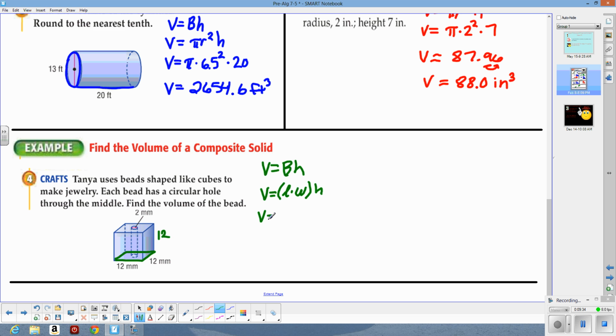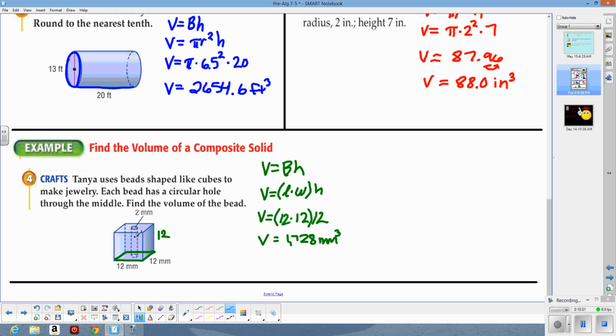So the volume is going to equal 12 times 12, and then that answer times 12, which is going to be 1,728 millimeters cubed.